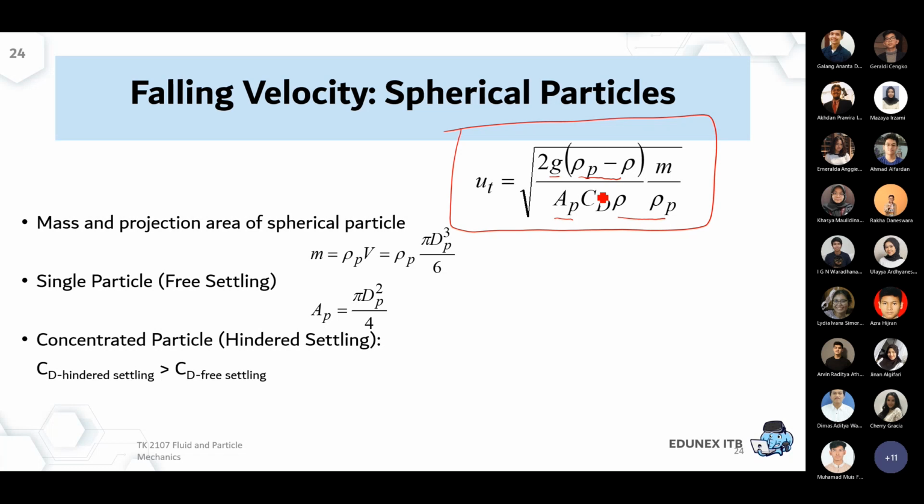But the problem here is CD. If you remember, this is calculated from a chart, and the number couldn't be simplified using one empirical equation that covers all the regimes.